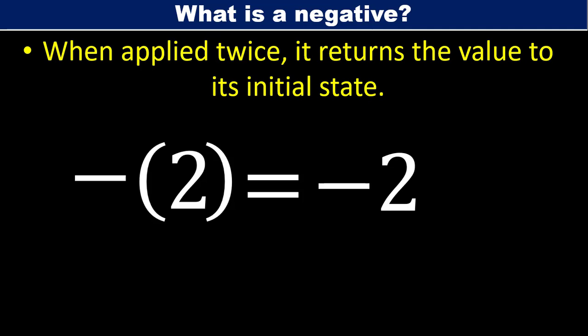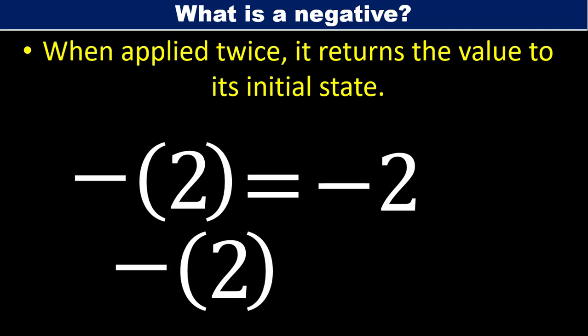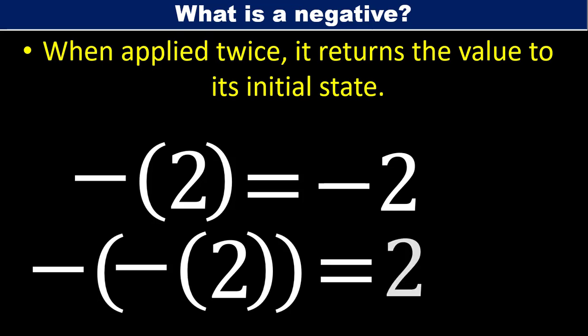Let's apply the negation twice. So we have the 2, our first negative, and our second negative. What it simply means is that you flip it and then flip it again. When you flip 2, it becomes -2. When you flip the -2, it becomes what? +2, back to what it was in the first place, as shown on the screen.